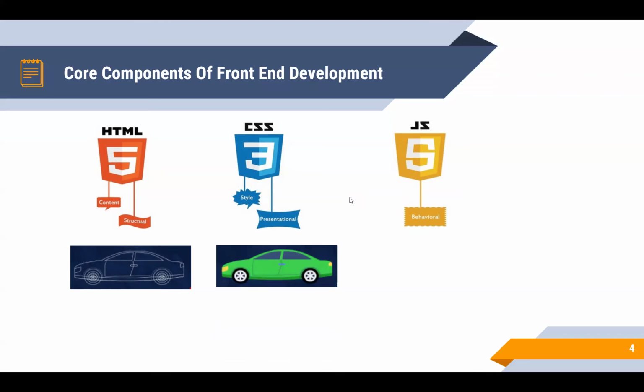Now, how do these components look? How does the button you have created on your web page look? We may need a 3D animated button, a 2D button, a green, red, or blue color button.